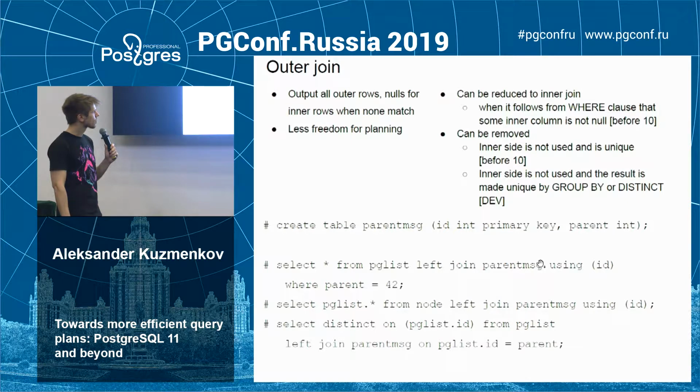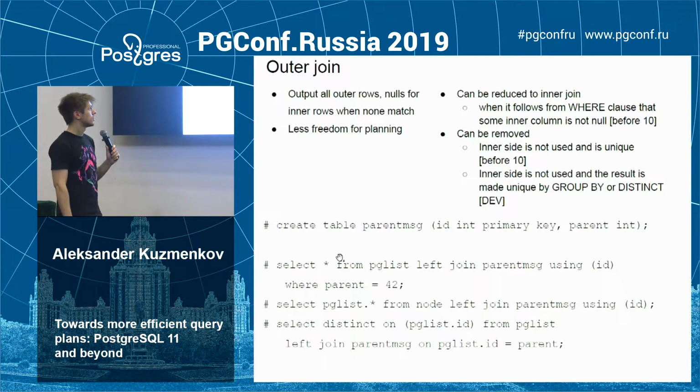We write select from PG list, left join parent message. It's a normal query, but then we filter it. For example, we would like to have all child messages for 42, and this left join is not necessary anymore because we have a limitation for this string.